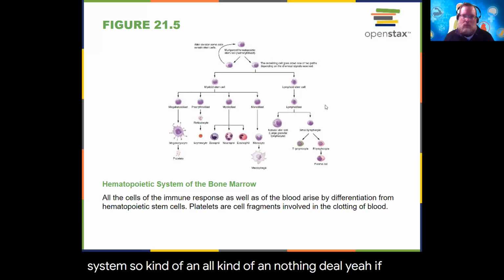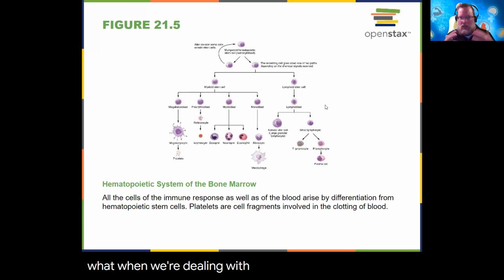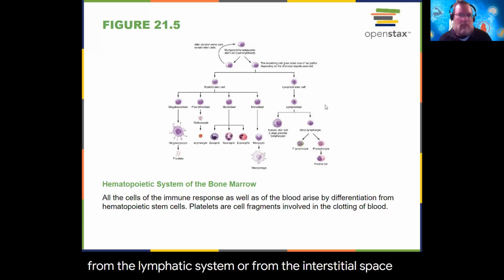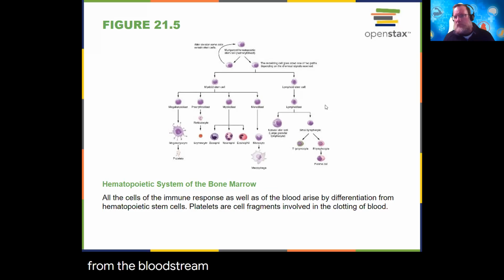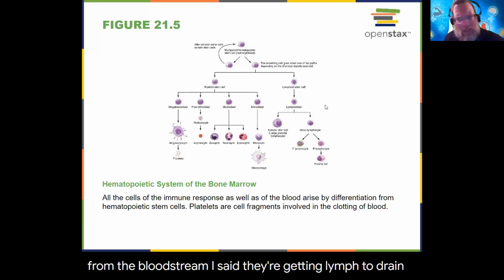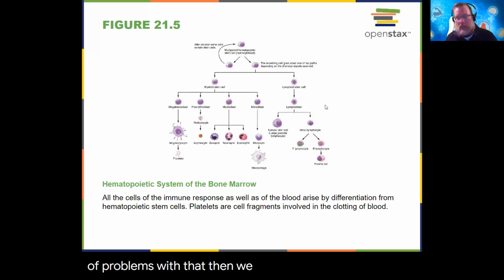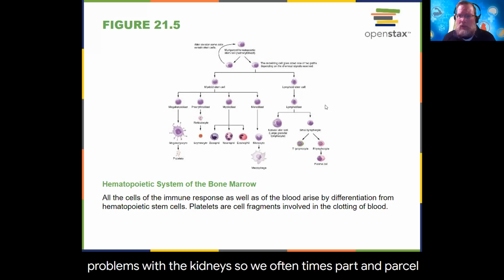When we're dealing with trying to draw water away from the lymphatic system, or from the interstitial spaces, or from the bloodstream, in essence getting lymph to drain, if we have problems with that, then we definitely are going to have problems with the kidneys. So oftentimes they're kind of part and parcel, typically.